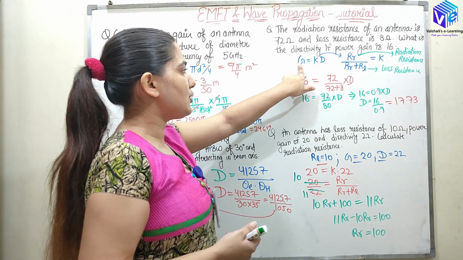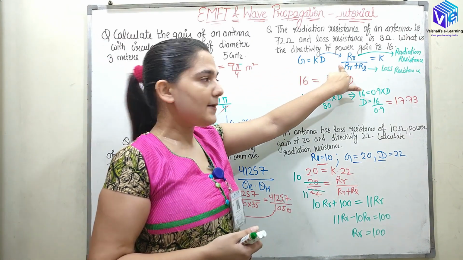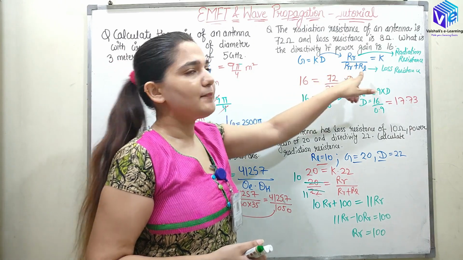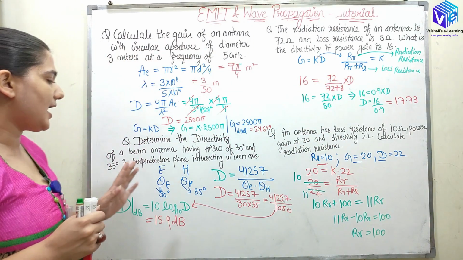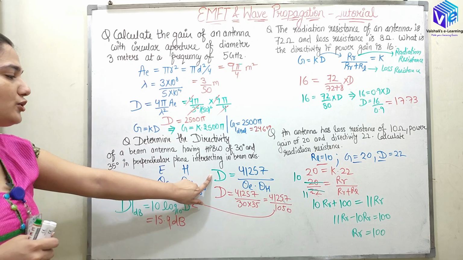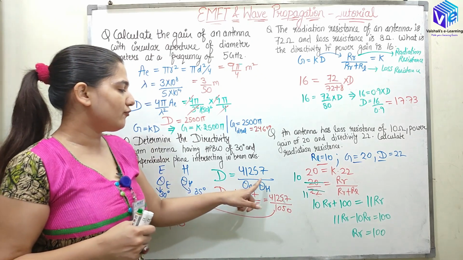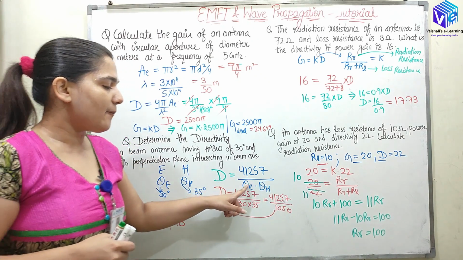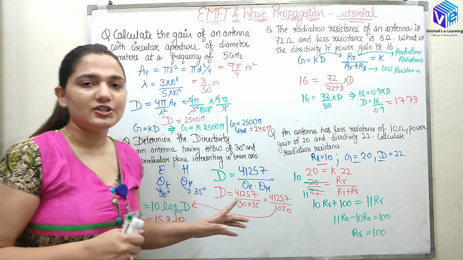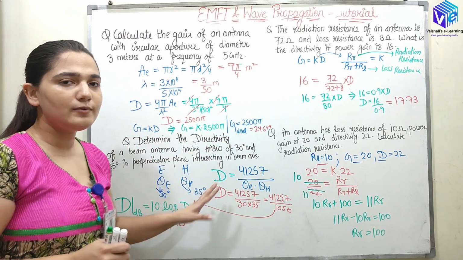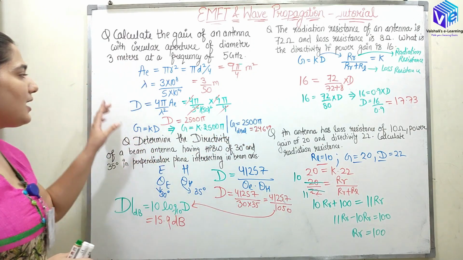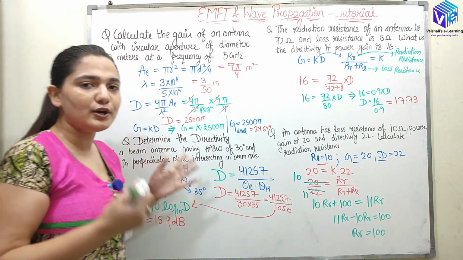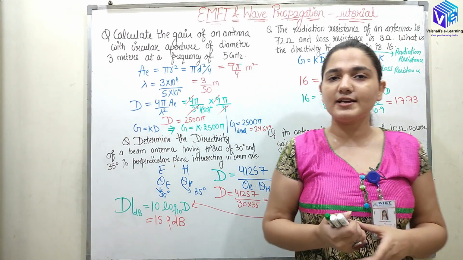So which formulas did we use? First formula that I used was G is equal to KD, where K is RR upon RR plus RL, and the second formula that I used is directivity is equal to 41257 upon theta E into theta H. Now I hope you understood how we can use these two formulas, and this third formula we have already used in the previous videos as well.